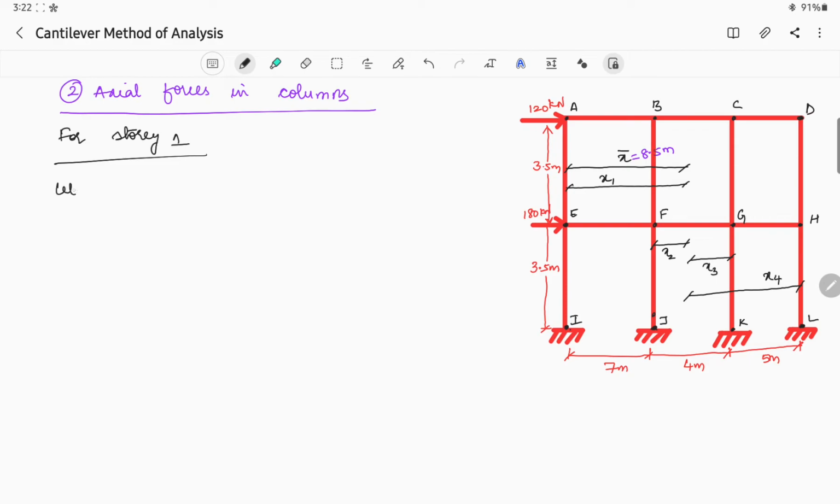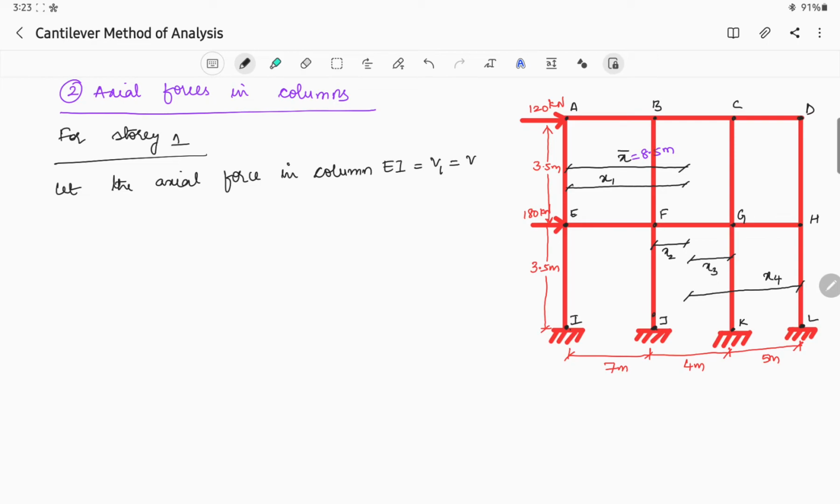Let the axial force in column EI be V1, which is equal to V.